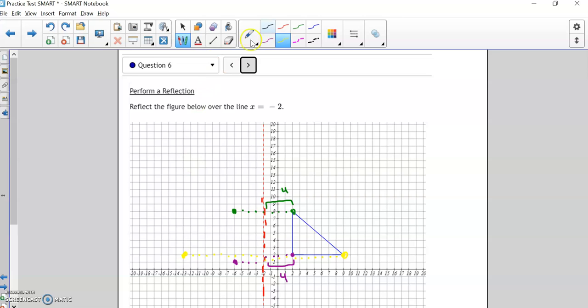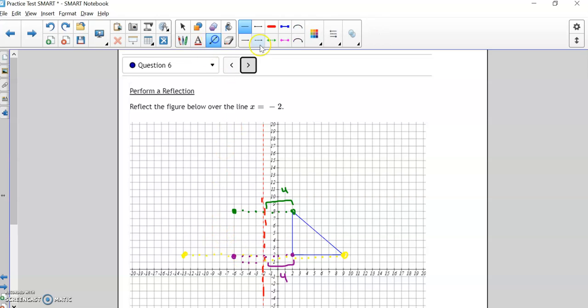I am now realizing that my purple point is a little low. It needs to be up here. Sorry about that. They got to be in line together. Jeez, I'm still messing that up. I really do apologize. There we go. That's where that's supposed to be.